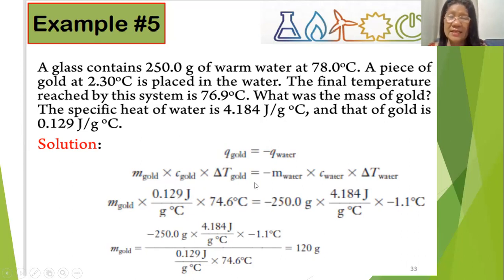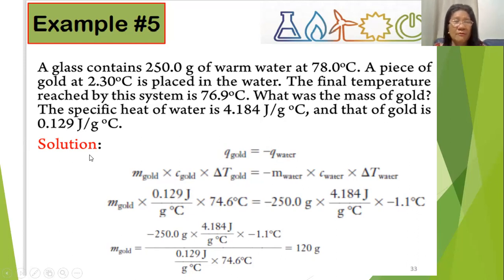That is equal to the negative of the mass of water, because it is done on the system, times the specific heat of water times the change in temperature of water.